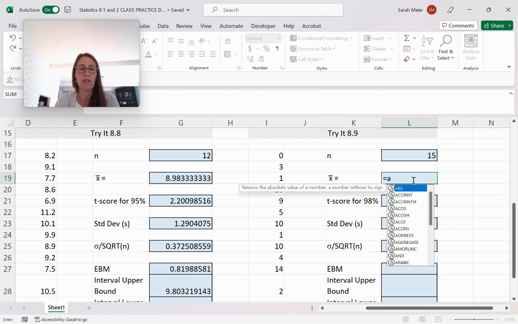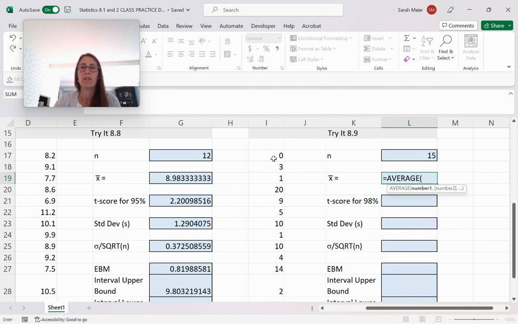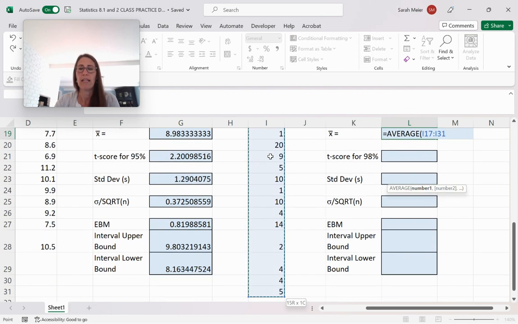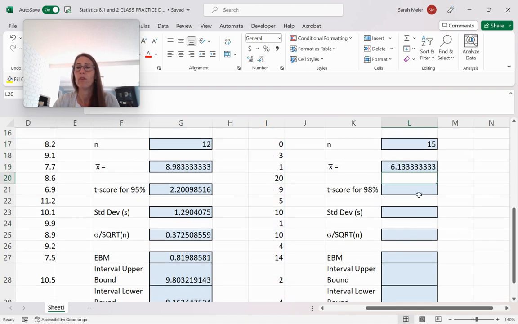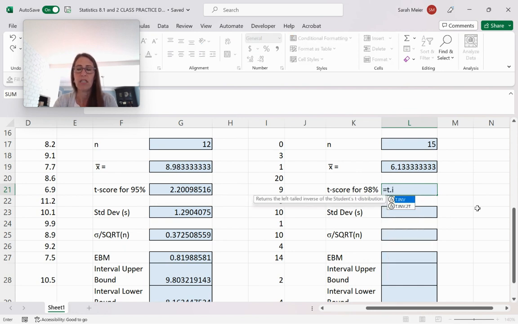I'm going to calculate the average for that sample. I get an average of 6.13 repeating. I'm going to calculate my t-score, so T.INV. The probability this time, we're looking for the 98th percentile, or confidence level. Sorry, I'm getting my words wrong today. So 1 minus 0.02 divided by 2.